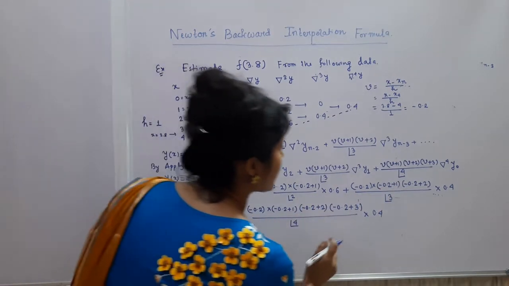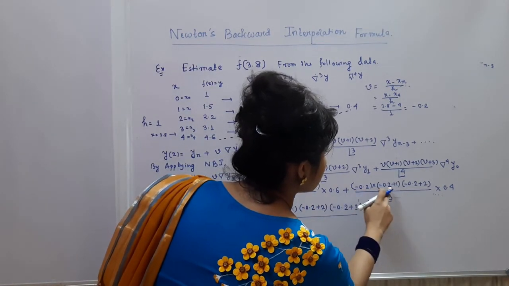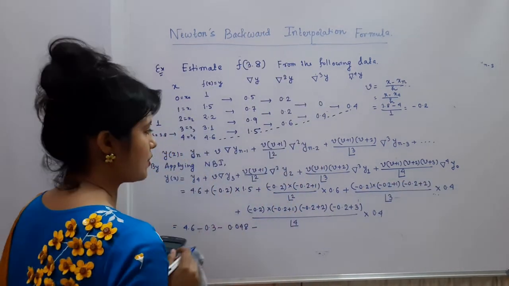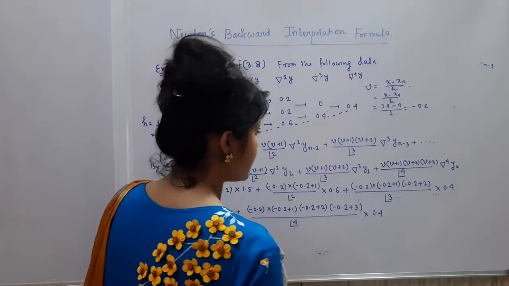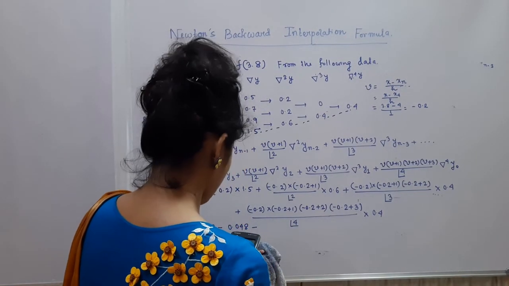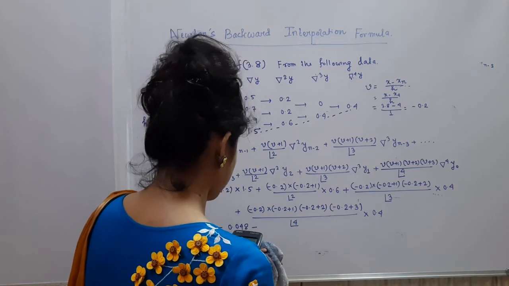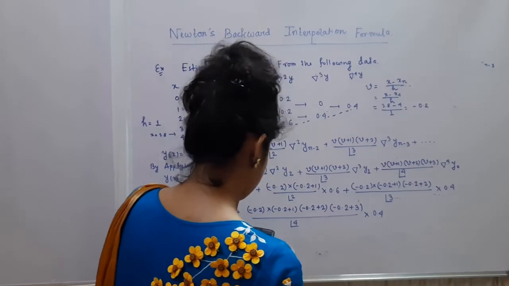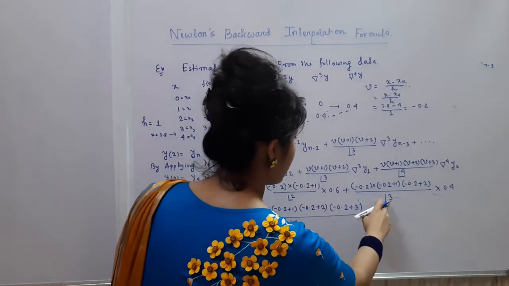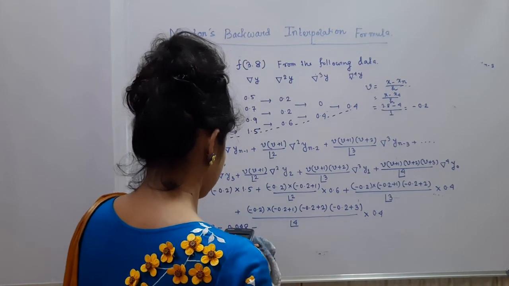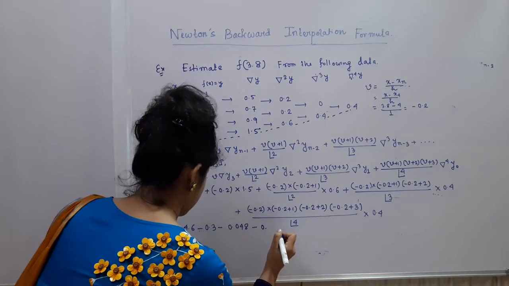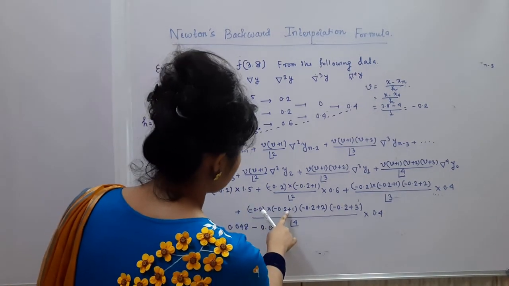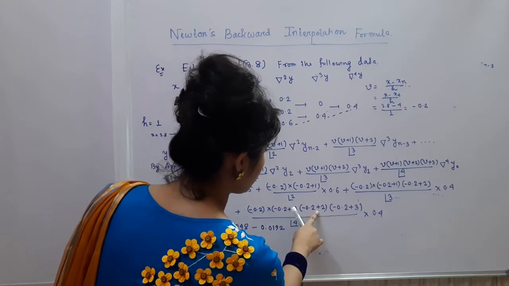Now this term, there is minus, and this will be plus, this will be plus, so this will be minus. Okay. So here that is 0.2 into 0.8 into 1.8 divided by 6, that is 0.0192. Okay. Now the last term: this will be positive, this will be positive, this will be positive.